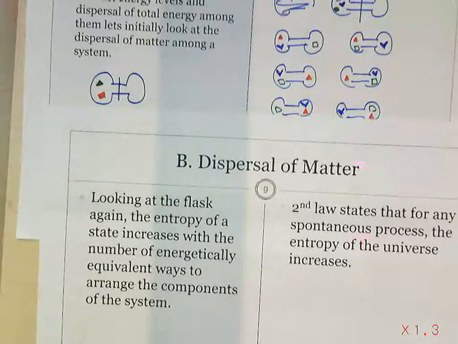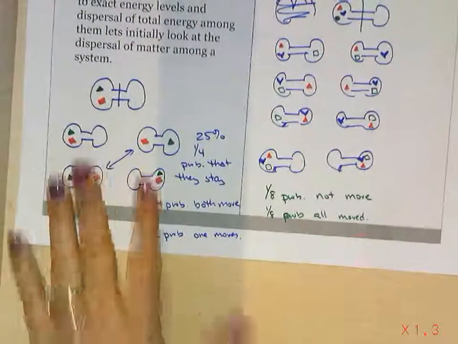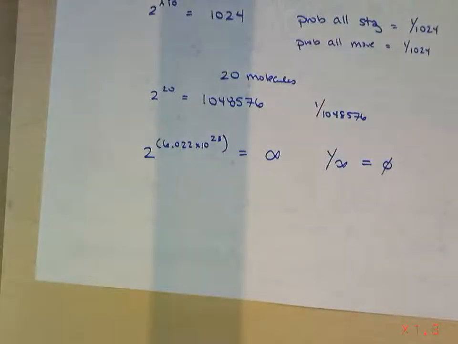Here I had 4 ways to do it. Here I had 8 ways. Then I had 1,000 ways. Then I had a million ways. Then I had an infinite number of ways to arrange it.